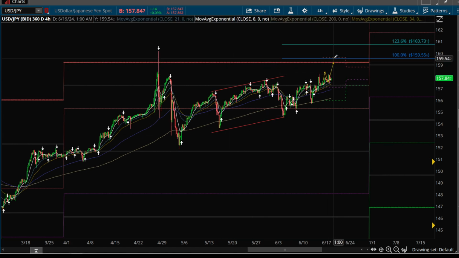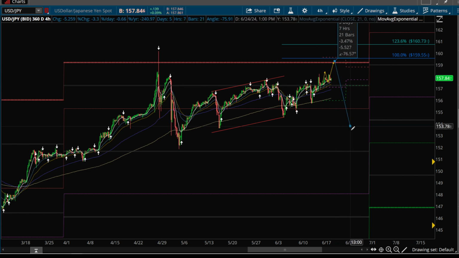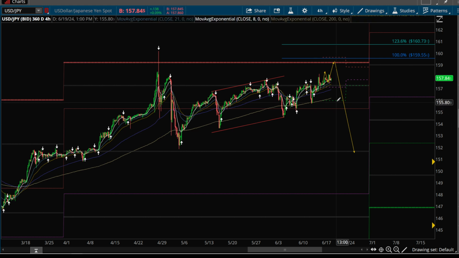We should get continuation to this 100 and try and make a double top up here, but technically this could be over. You got A, B, C. We're looking for this B wave up here, and we're looking for a strong impulse down. So nothing to really do right now on dollar yen, but we are looking for this impulse down.